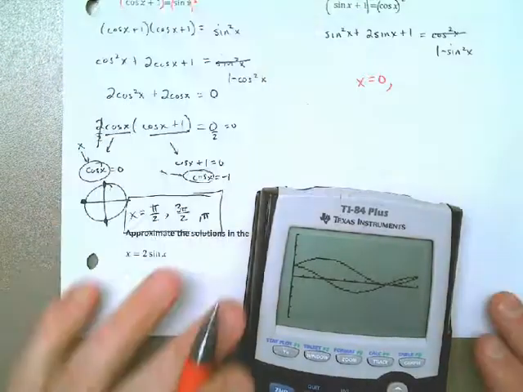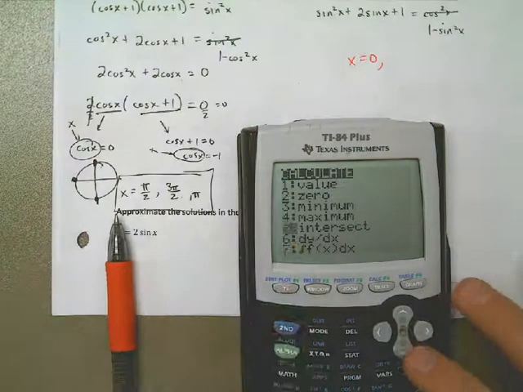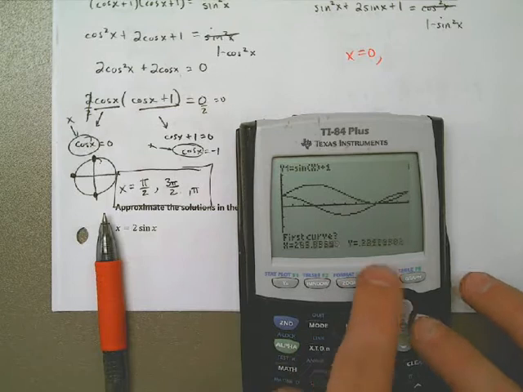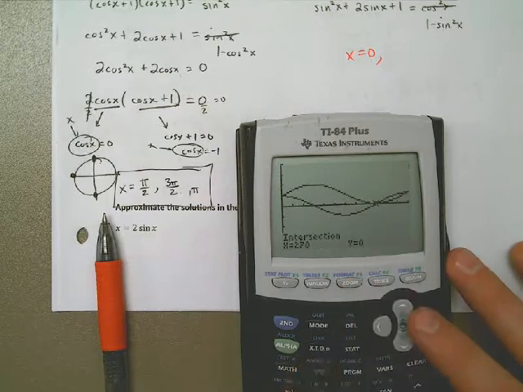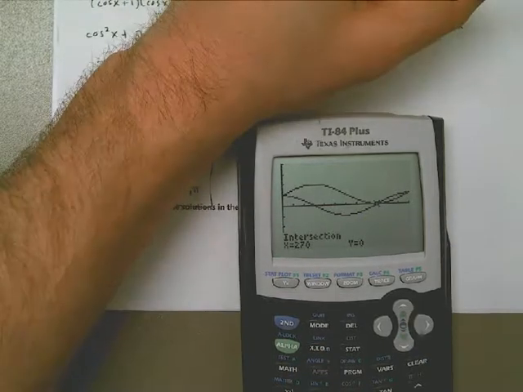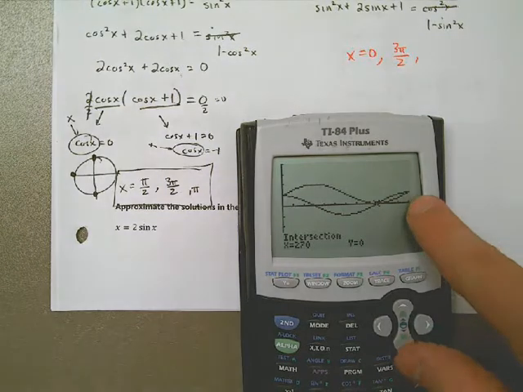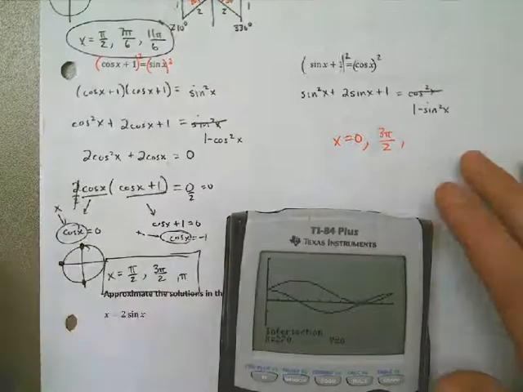Second, calc, intersect. Let's move the cursor over here. Looks like they meet somewhere around here. Enter, enter, enter. Turns out they also meet at 270 degrees. That's 3 pi over 2. And then it looks like they meet up again at 360 degrees. But when we are answering this problem, we are told originally in the instructions to go between 0 and 2 pi.